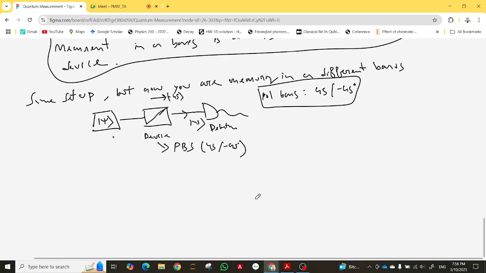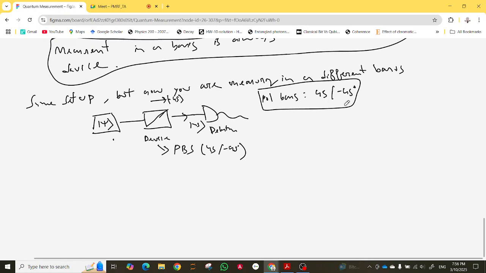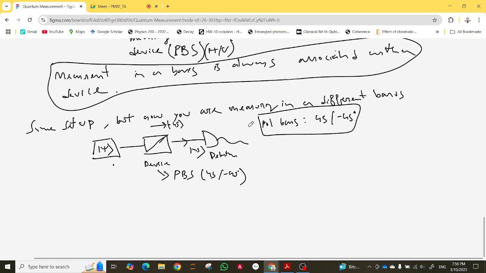Because now you want to detect plus 45 degree, minus 45 degree polarization. So that's why I told you measurement in a basis is always associated with a device. First you decide what basis you want to measure. Then you take the device according to your measurement. First you fix your measurement.